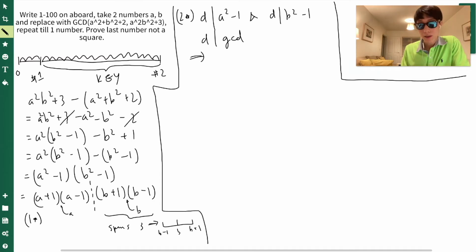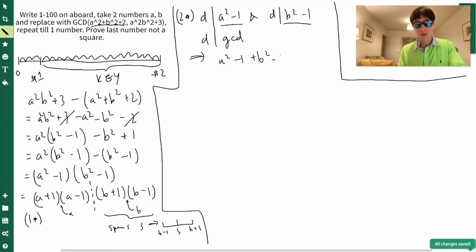And in fact, it is much, much easier to work with when you have these 2 separate functions that you can manipulate into this. So you can rewrite this first function here as a squared minus 1 plus b squared minus 1. And since I took 2 1s out, I have to add them back, so plus 4.